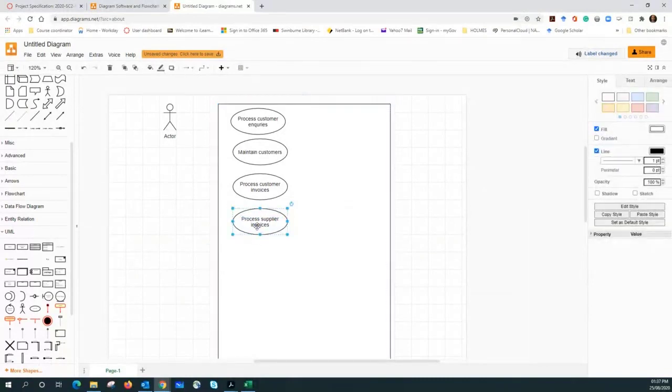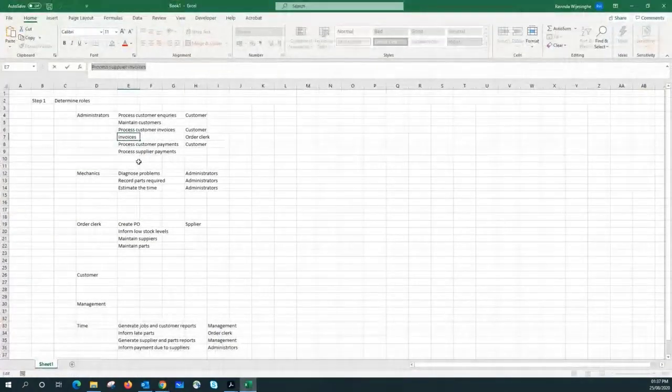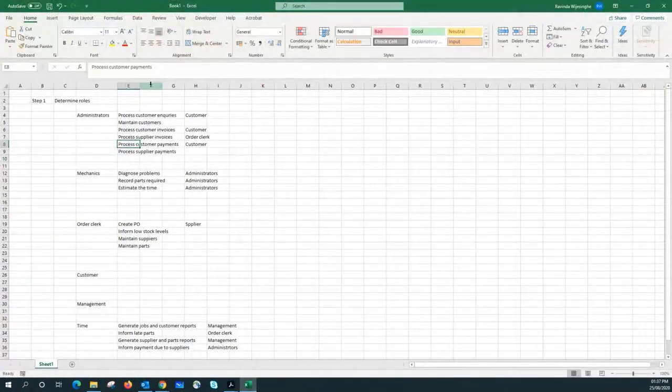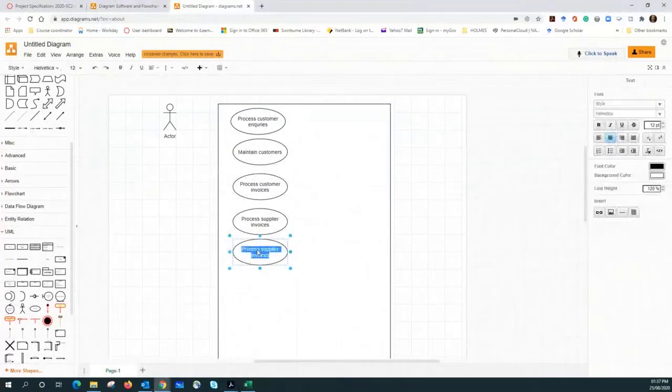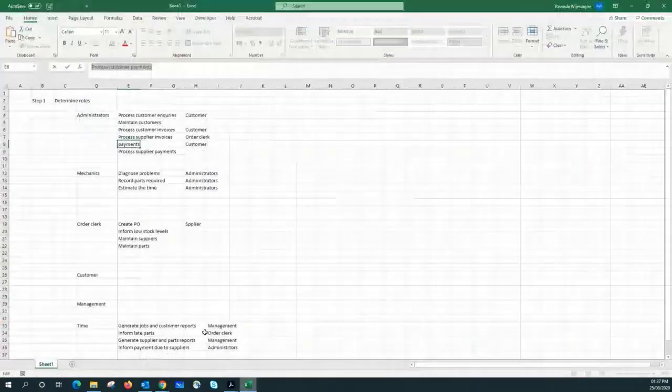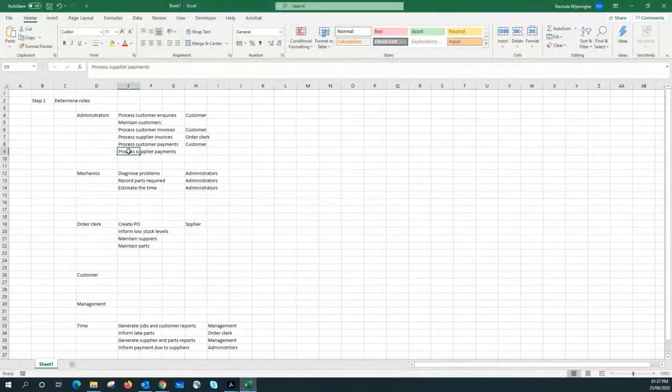Duplicate. Process customer payments, process supplier payments.